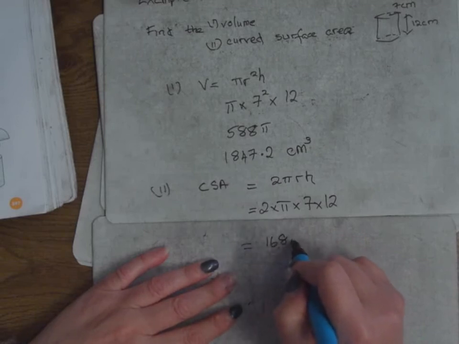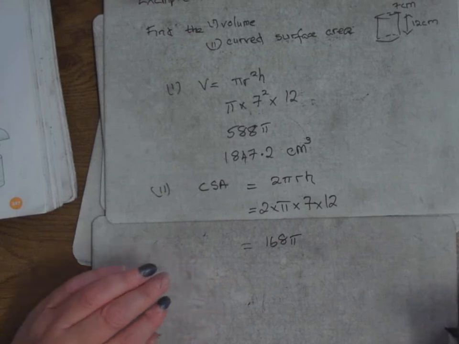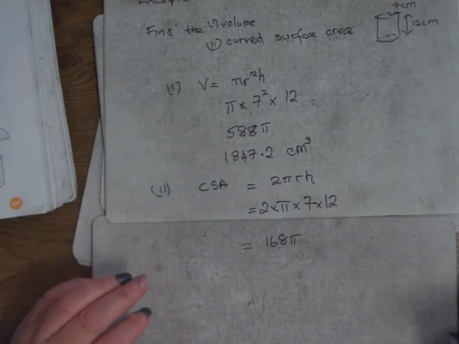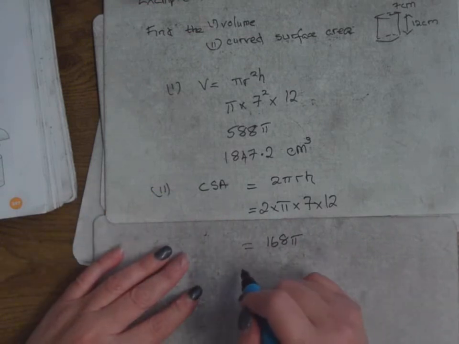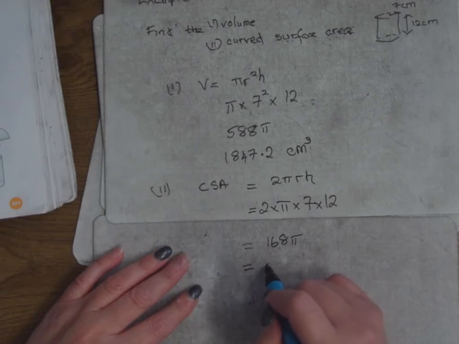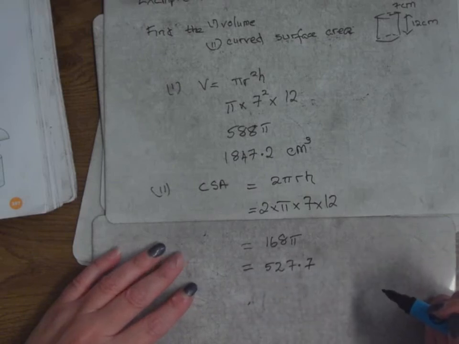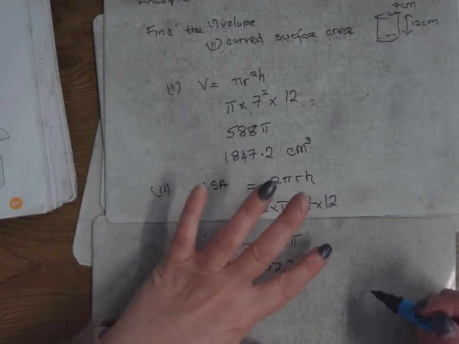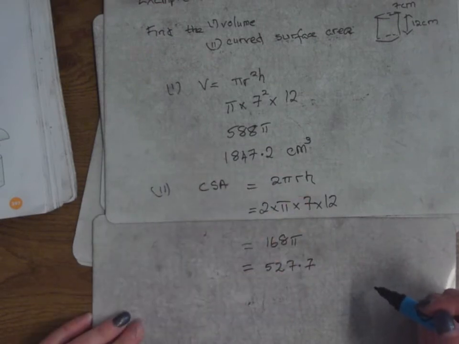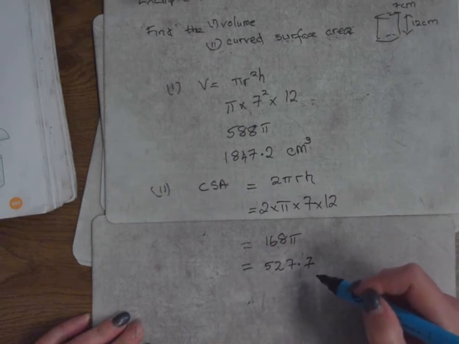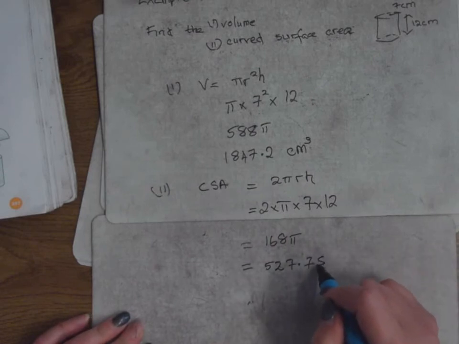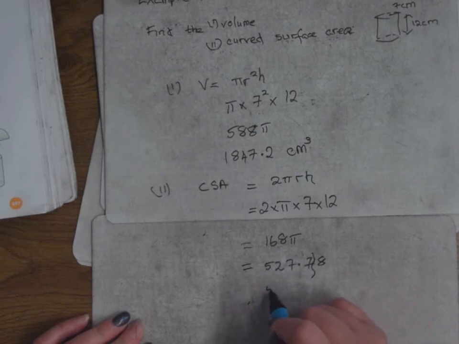Then press S to D. 527.7 and some more decimals, so rounded to one place of decimals that would be 527.8.